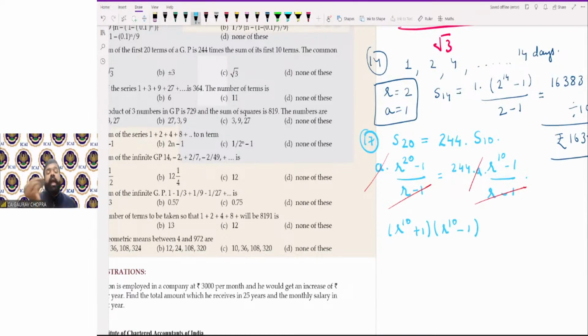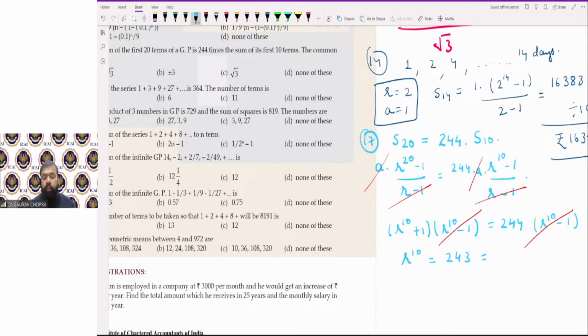A plus B and A minus B. It becomes A square minus B square. So accordingly, we have converted this. And on the other hand, we are having R to the power of 10 minus 1. So again, you can cancel this thing, R to the power of 10 minus 1. So what is left? R to the power of 10 will be equal to 243.